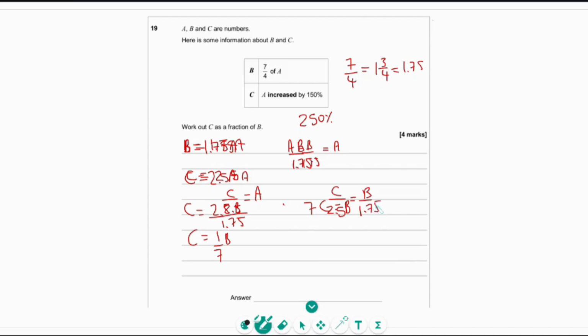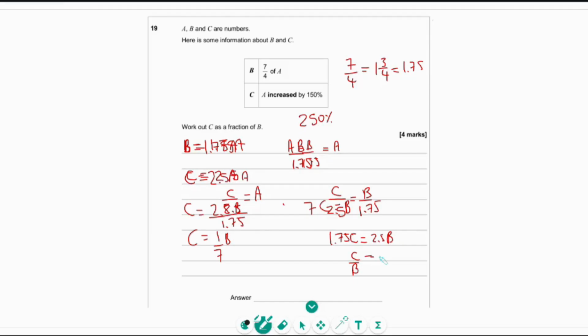Now I'm going to cross multiply to get rid of the fractions. So 1.75C equals 2.5B. And I'm going to divide both sides by B and divide both sides by 1.75. I'm just going to multiply both sides by 100.